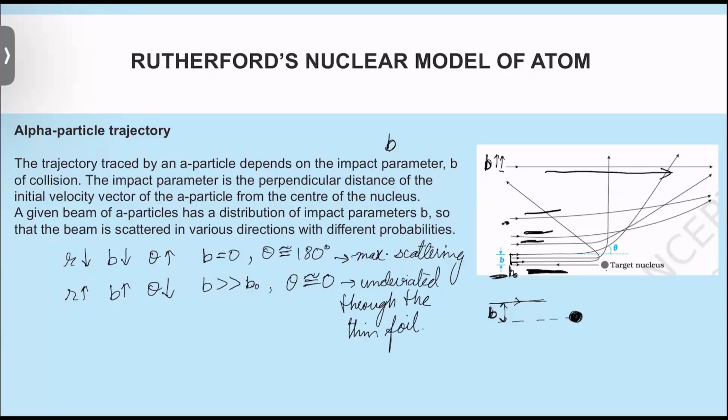Okay, so with this we can see that only a small fraction of the incident alpha particles are going to get rebounded back, as in the back scattering.